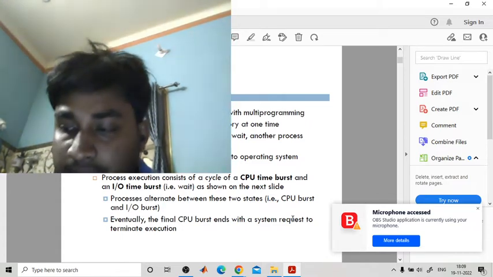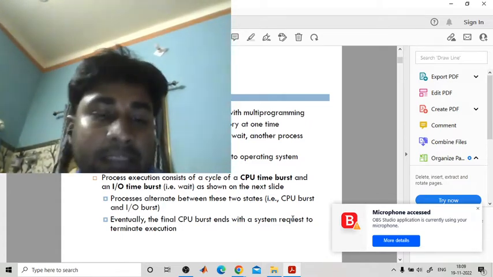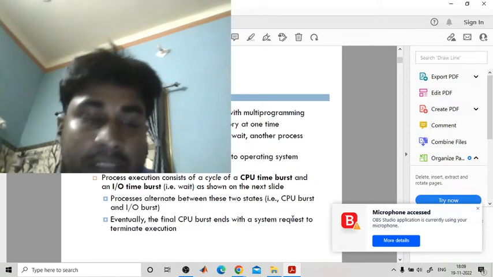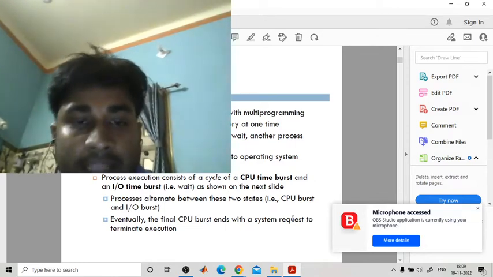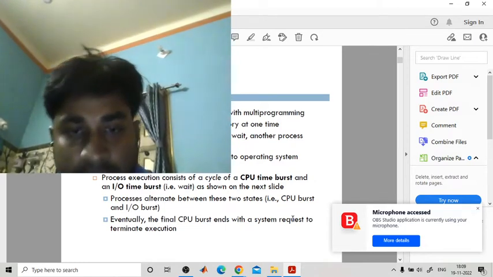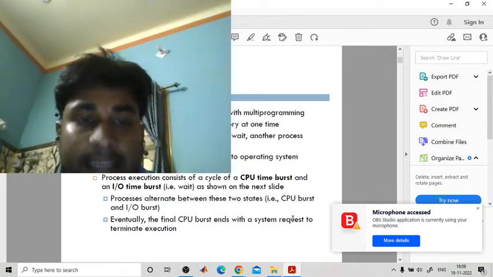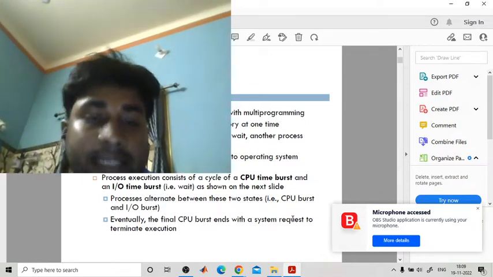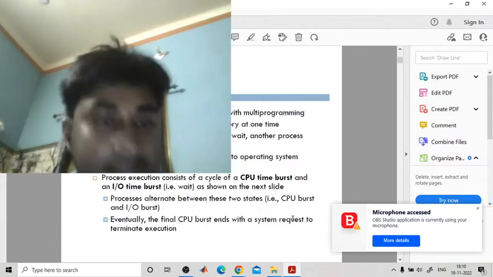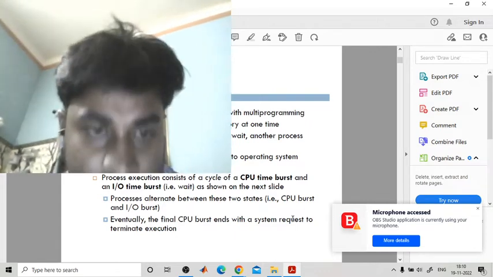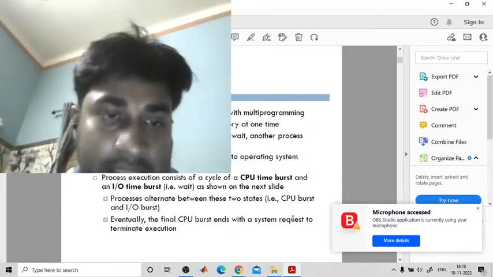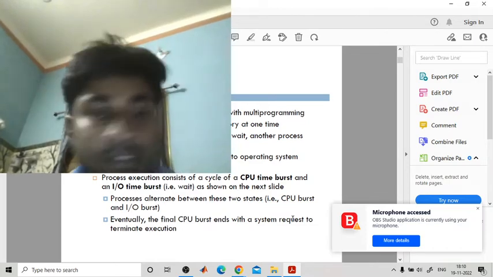So what does preemptive scheduling mean? Preemptive scheduling means that once a process has got the CPU for its execution, then during the execution the process may leave the CPU.